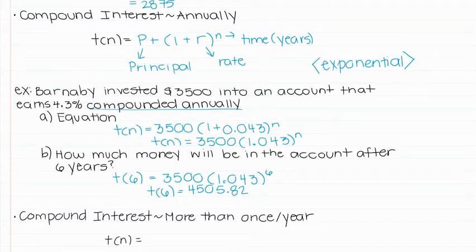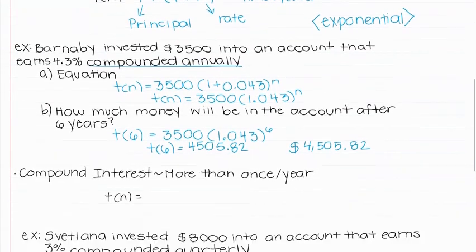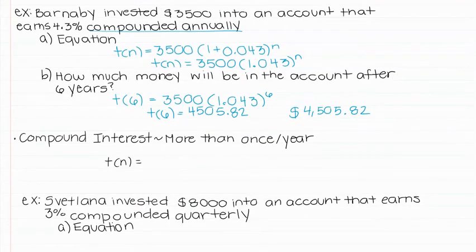I'm rounding to the nearest hundredth because we're talking about dollars, so it just makes sense. And then obviously you should notice that the amount goes up. If you're not getting a higher amount, then we didn't do it right, because we're gaining interest, so we're gaining value.